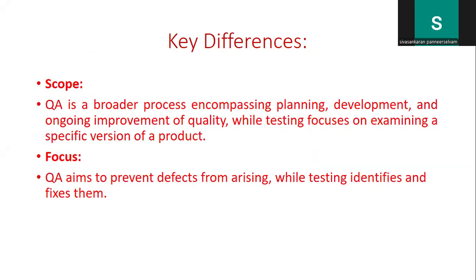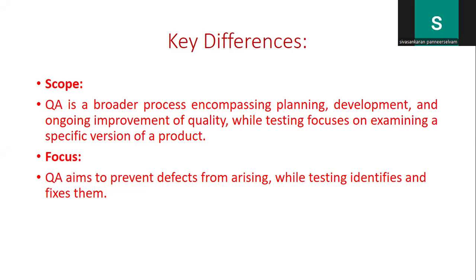So what is the scope of quality assurance? In a broader sense, planning, development, and the ongoing improvement of quality, all such things will be considered in the quality assurance phase.